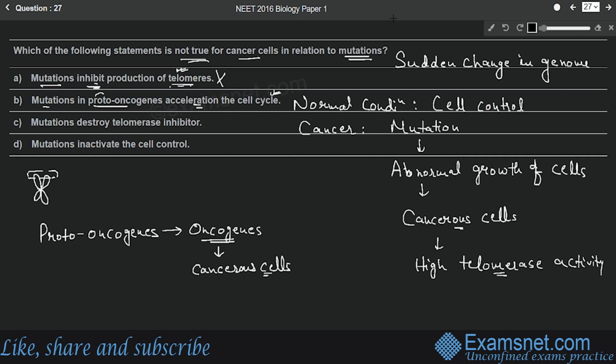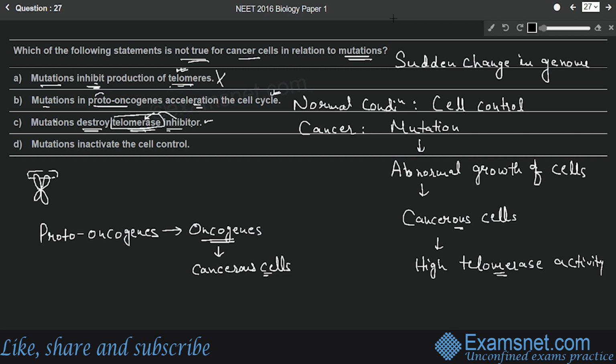Okay. Now the third statement says mutations destroy the telomerase inhibitor. Now this is also correct, because see, telomerase inhibitor will inhibit the telomerase, right? But we need telomerase in case of cancer cells. So mutations will destroy the inhibitor so that the telomerase can become more active.